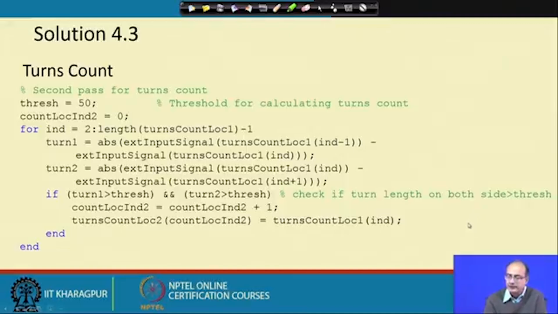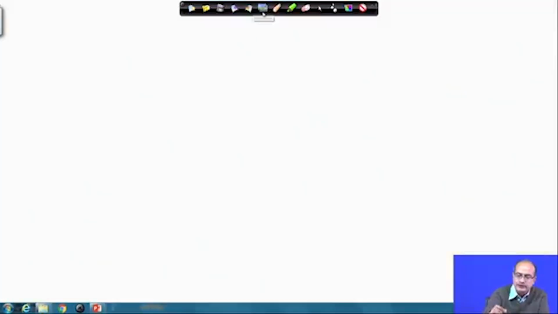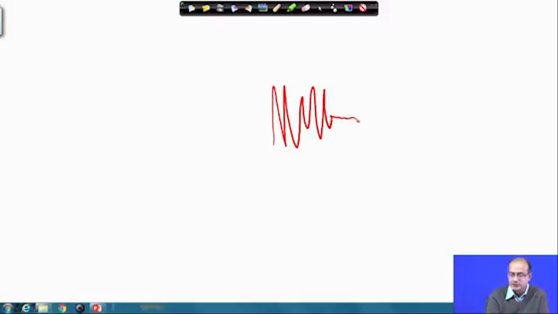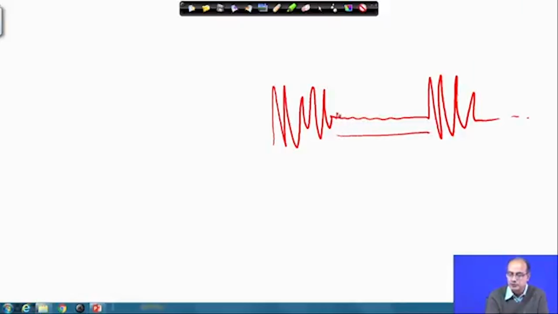For the EMG signal, sometimes the EMG signal is present and then there is no activity, then again the EMG signal is present. In this region there would be some small noise. Our threshold should be bigger than this noise, but much smaller than the actual waveform of the EMG signal or the signal under consideration.